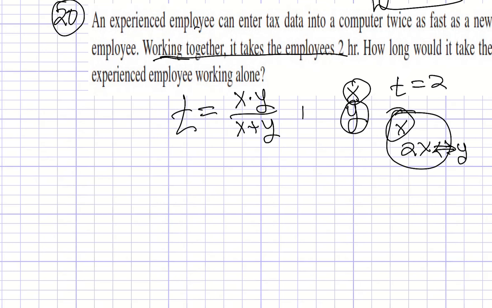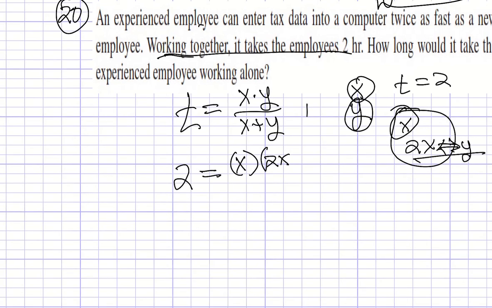So then what we'll have, they only give us two hours. So you put 2 here. 2 is equal to, notice what is going on. X still stands. Instead of Y, we'll have 2X. You see that, right? So we'll still have X, and then for Y, we got 2X.